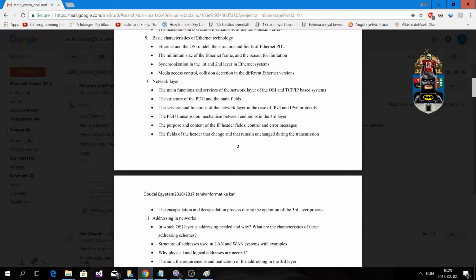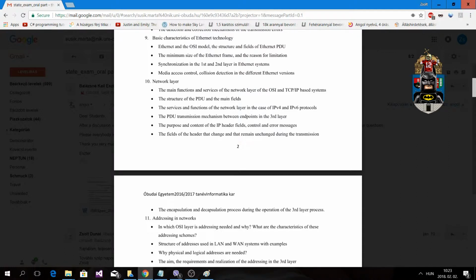The PDU transmission mechanism between endpoints in the third layer. I've talked about this previously, but how does it work? Let's say that from host A we send a packet to host B. How is it going to happen? We have two cases.